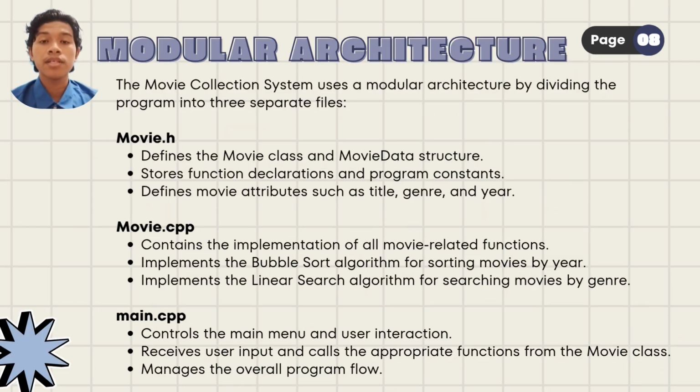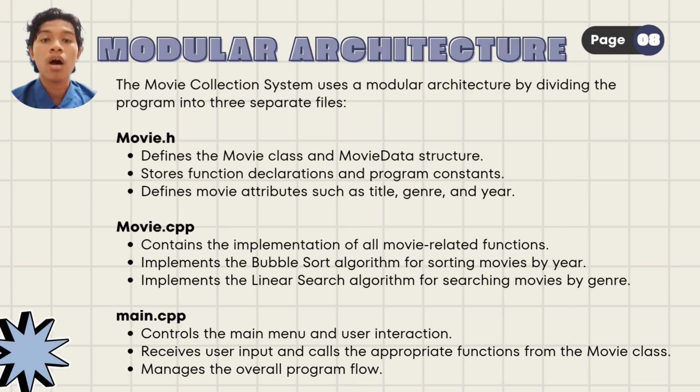To keep this code base completely neat and clean, page 8 highlights our modular architecture. We broke the program into three distinct files. Firstly, movie.h. It stores our structural blueprints, holding our custom movie struct and our constant MAX_MOVIES equal to 5 boundary cap. Secondly, movie.cpp.